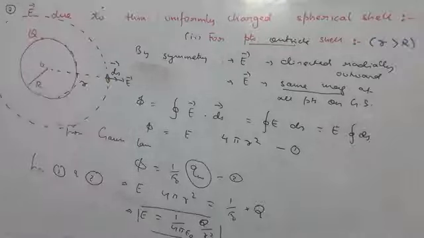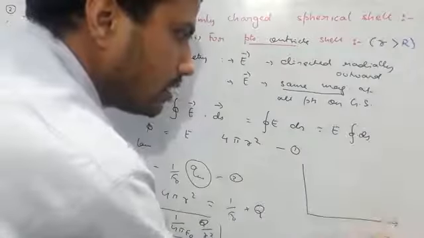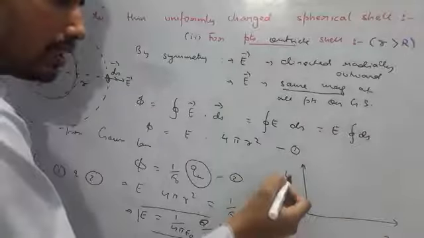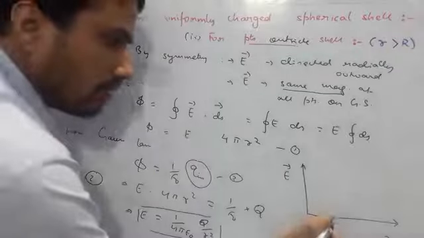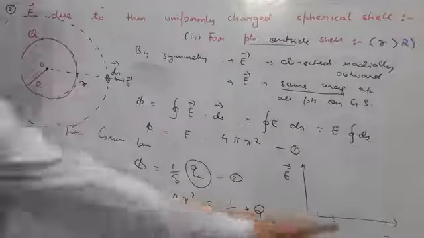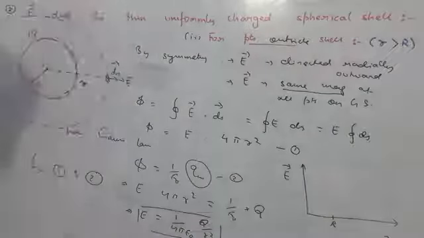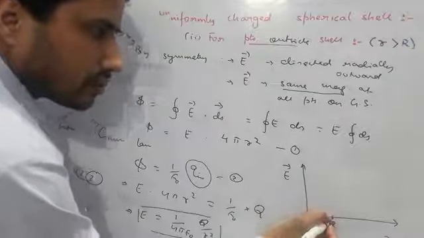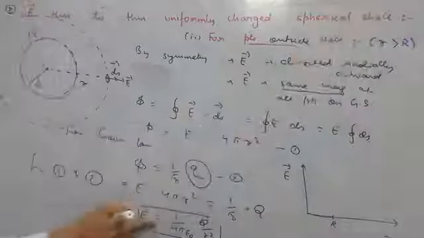So if you are asked to plot the graphical variation of these two cases, it should be like this. This is our r, where r is the distance from origin, and this is the electric field. The radius of the spherical shell was R, so this is R. We found that when r was less than capital R, that is for points inside, the electric field was how much, students? Electric field was 0. So this is the graph. And beyond R, for r greater than R, this is the variation of electric field.